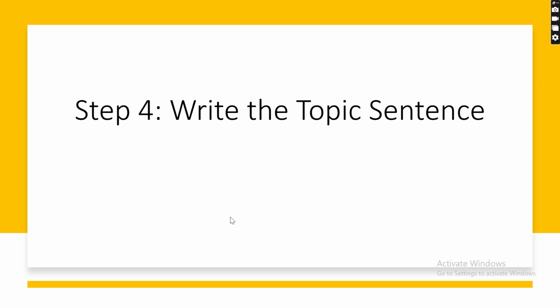So start with a strong topic sentence that hooks your reader and makes them want to keep reading. Just like a hook can catch a fish, your first sentence also needs to catch the readers and get their attention to continue reading the rest of the paragraph.